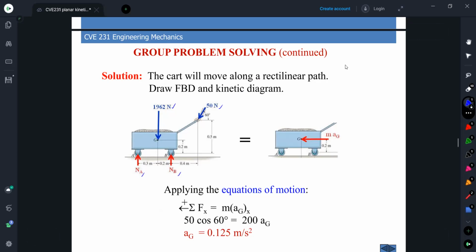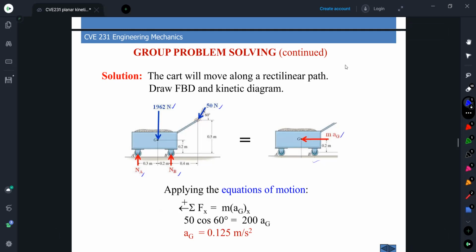The angle between the force and the horizontal is 60 degrees. For the kinetic diagram, we assume that the cart accelerates to the right, so the inertial term m a_G is drawn to the left, as shown in the right hand side picture.